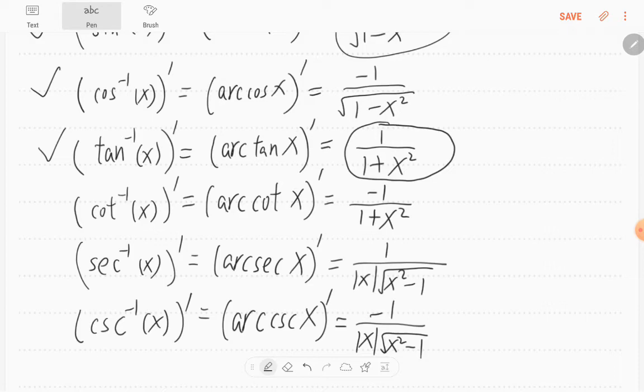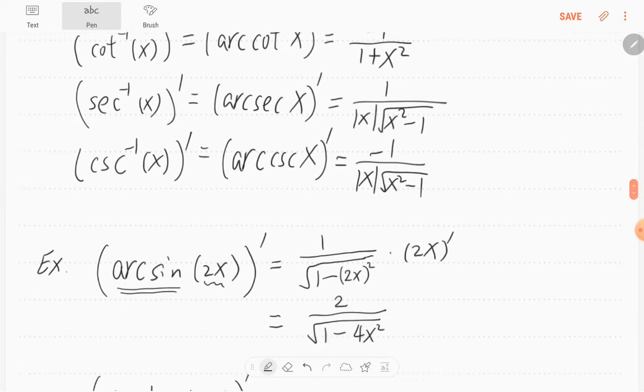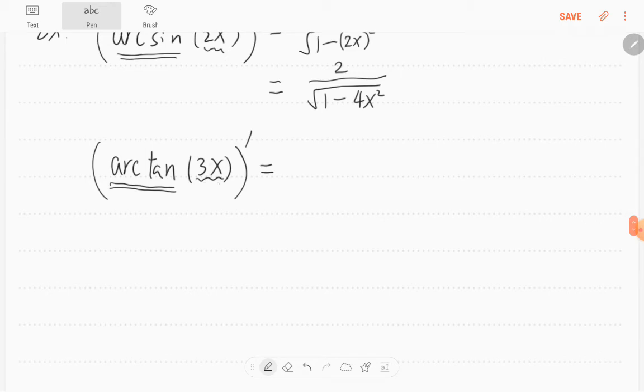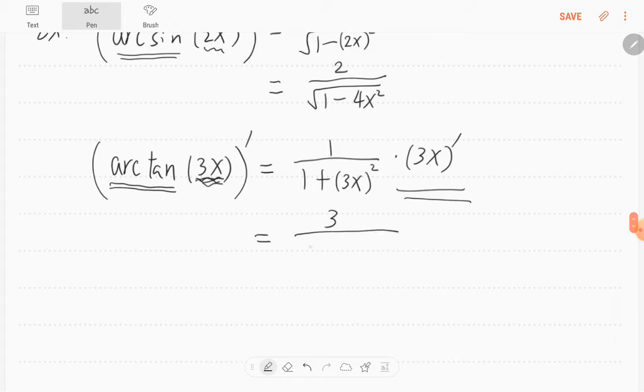Here it's not x, it's 3x, so what should we plug in? We plug in the inside function, (3x) squared, then multiply by the derivative of the inside function, so you don't forget this step. Then you have 3 over 1 plus 9x squared.